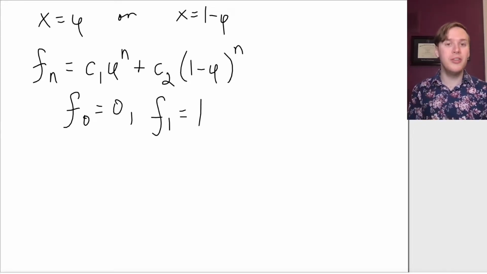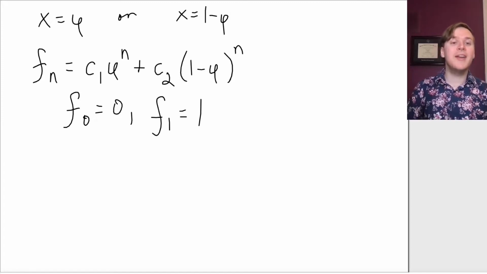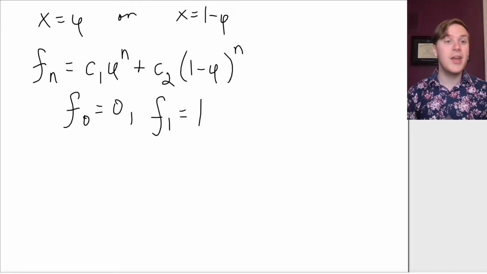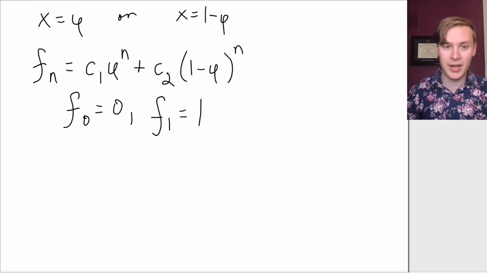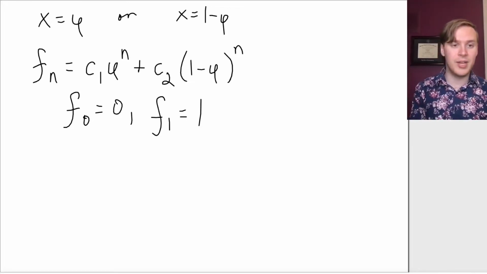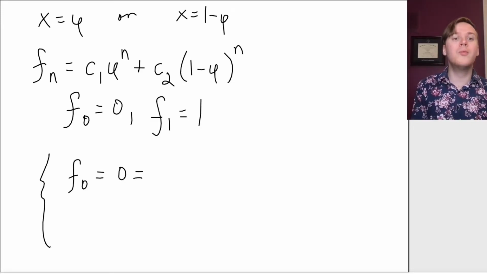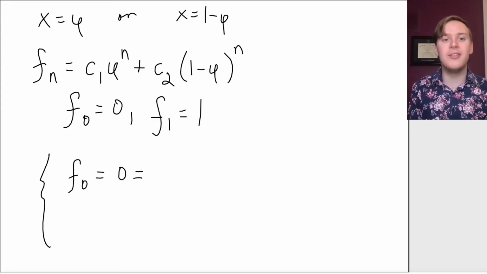So what we can do is create a system of equations. One equation in the system will be when we plug in 0 for n. Another equation in the system will be when we plug in 1 for n. So that's what we're going to do. We're going to make a system of equations. And the first one is when f sub 0 is equal to 0, which is also equal to whatever happens when we plug in 0 for n.